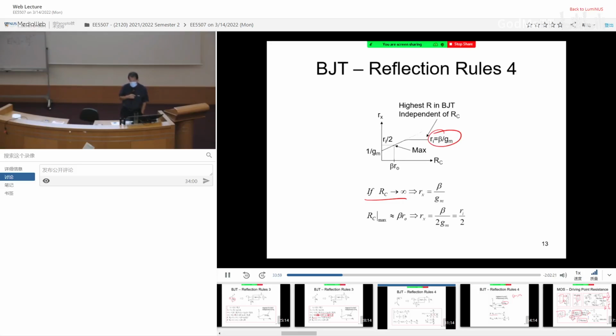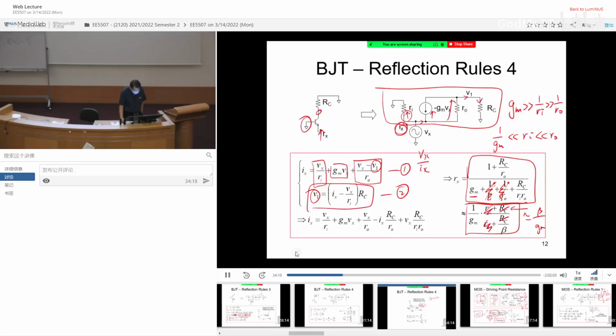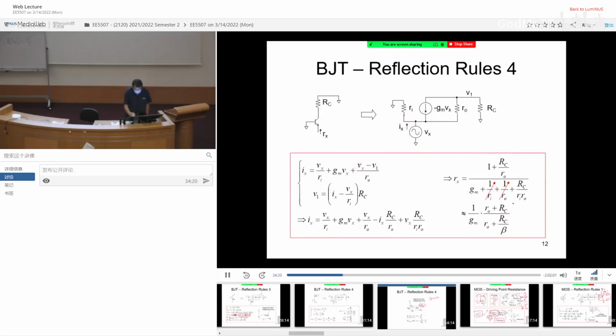But just now we have derived a very interesting result. If in the whole circuit I don't use a resistor but use a BJT, you know what the maximum BJT resistance you can see is? Beta plus 1 R0, isn't it? So if I replace RC with beta plus 1 R0, what am I going to get? This thing roughly equals beta R0.